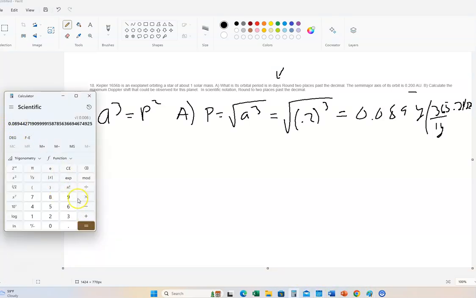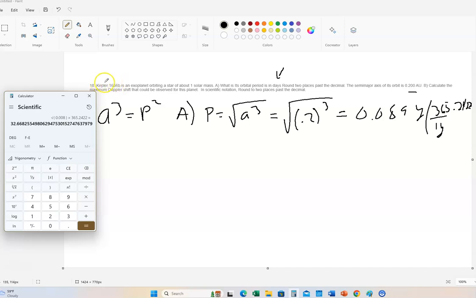So take this number, and we're going to multiply it times 365.24. It's technically 2422 days. That's exactly the number of days in a year.